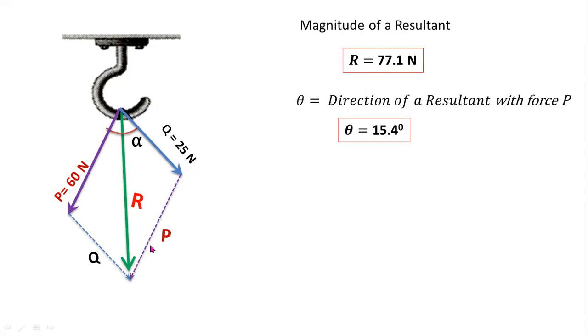From the parallelogram law of forces, the diagonal passing through the two corners is called the resultant.